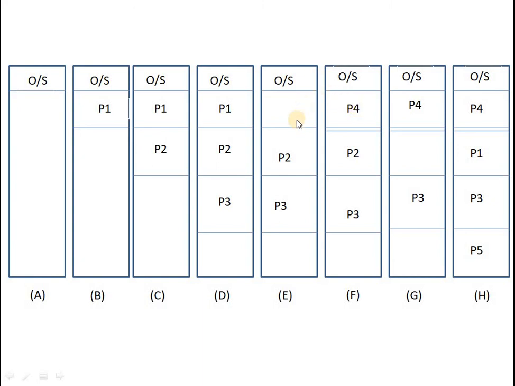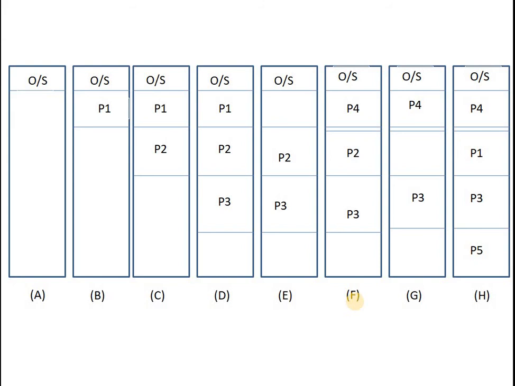P4 is greater than P1. So how to fit P4 here? For that, P4 requires more space. At that time, it creates a free partition between P4 and P2. It is called compaction. Here we see the compaction, which is shown in figure F.